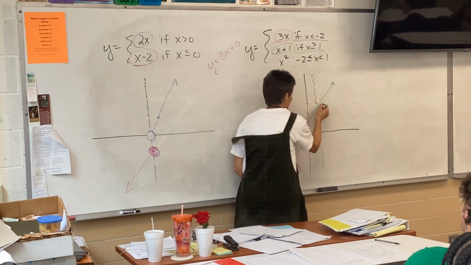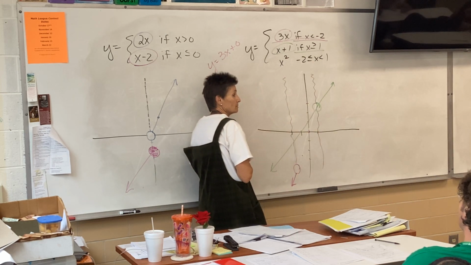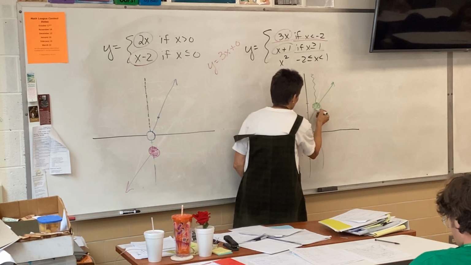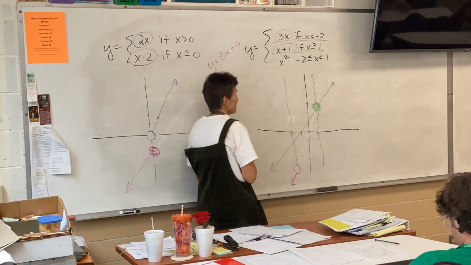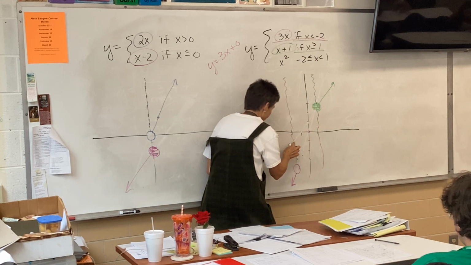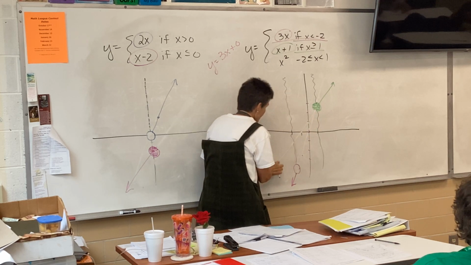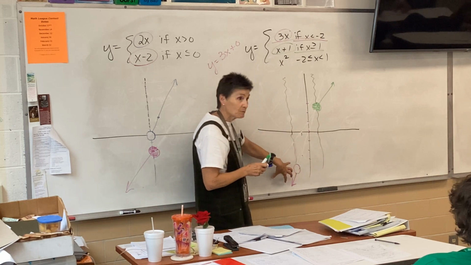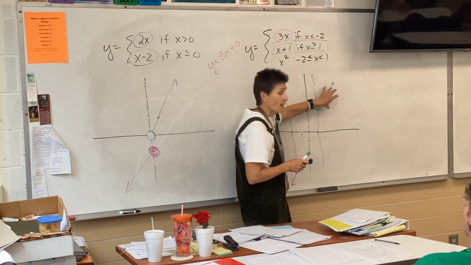This one. So this is where it crosses. Open or closed? Closed. Keeping which piece of it? Right. So get rid of this. So far, you have got your left piece and your right piece.